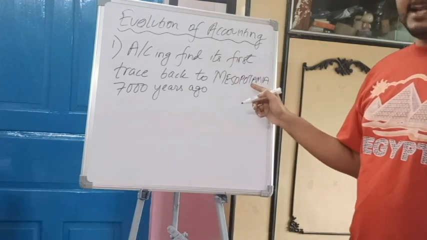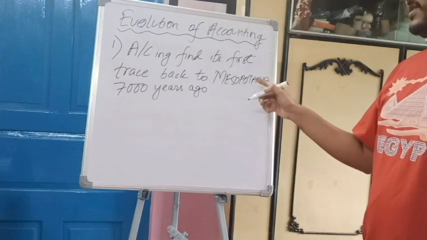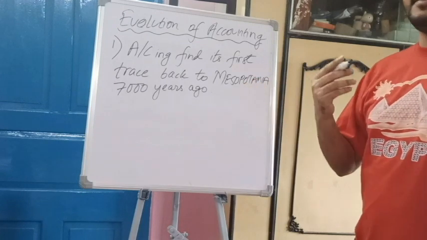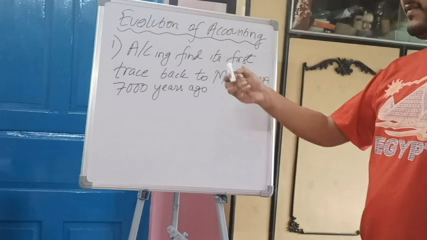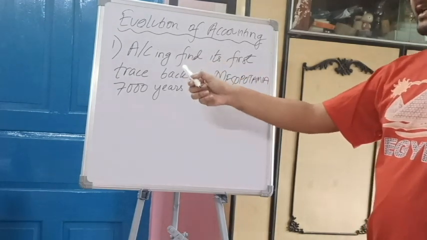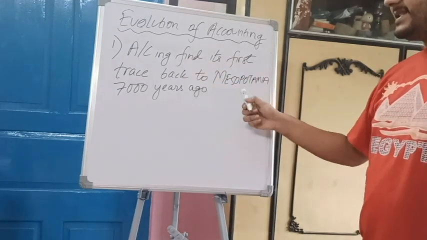It is a place in the Middle East. We know the Mesopotamian civilization, if you can remember your history classes. So first accounting was found 7,000 years back in Mesopotamia.